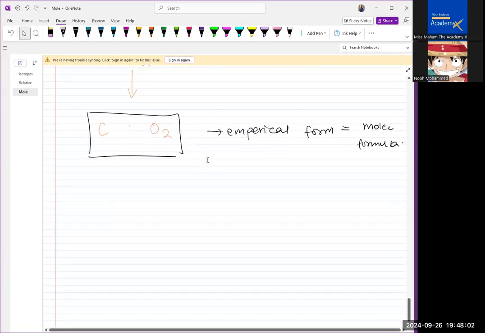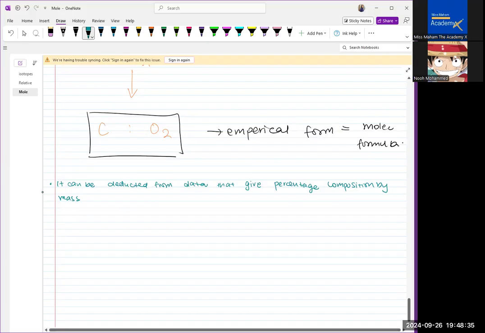Now we'll be seeing how to calculate the empirical formula. The empirical formula can be deduced from data that give percentage composition by mass of the elements in a compound.